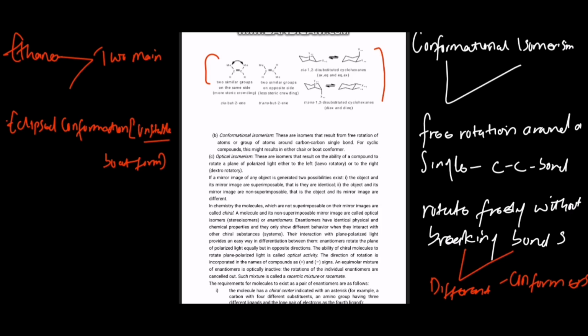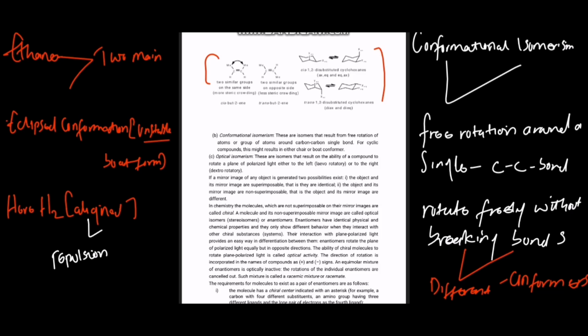Here in the eclipse conformation, the hydrogens are aligned, and since they are aligned, there is maximum repulsion. Please take note of it.